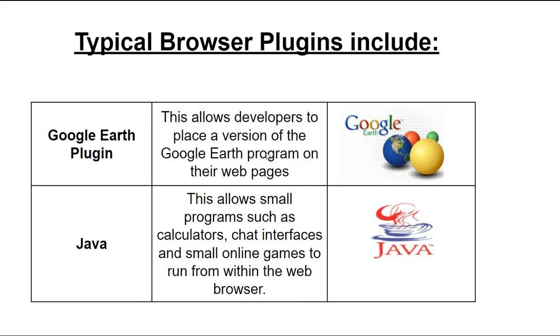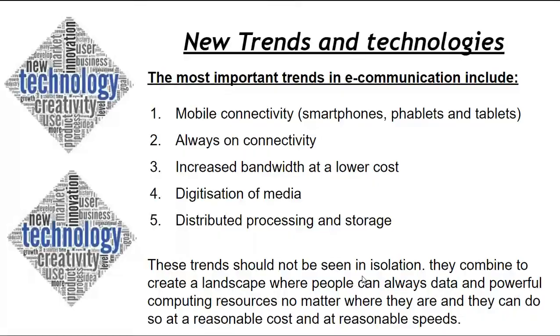Google Earth plugin, so people can create on their website a version of the Google Earth program, and you may be able to have a little map displayed in the website. Java, so this small program will allow calculators, chat interfaces, and small online games to run while you're in the browser.